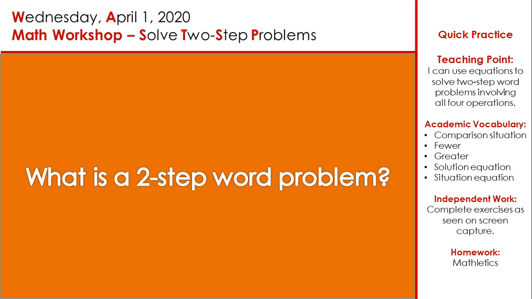So what is a two-step word problem? A two-step math word problem requires you to solve two equations. So you have a pretty clear hint there. If you don't get two equations in the process, that means you're skipping something. You need to go back and revisit the problem.